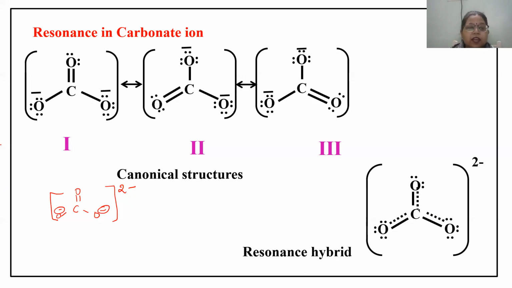You have to draw, as in this image, the negative charge either at the 2 oxygen atoms or on the overall molecule. In NCERT, they have not drawn it on individual atoms, they have drawn it on the overall molecule. So please remember, this one is incorrect.